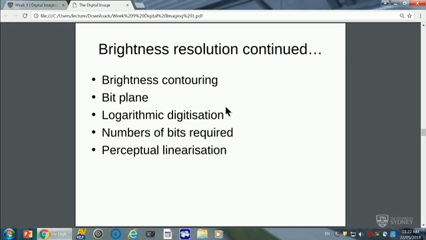If you look at a pixel value of 10 versus a pixel value of 12, and compare that with a pixel value of 240 to 242, even though the change in numbers is exactly the same, you'll spot this one much more easily than this one, because this one's dark, because it's got a low pixel value.